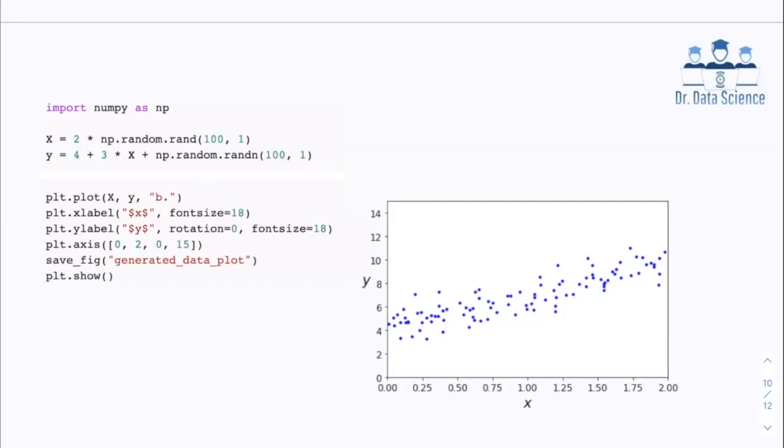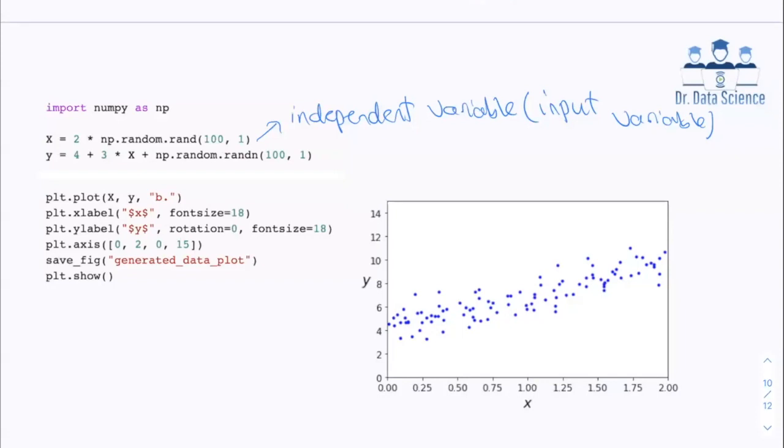and repeat these experiments. So here we are going to use NumPy, which we use for computing with arrays. What we are doing is creating the independent variable or the input variable, which is x.